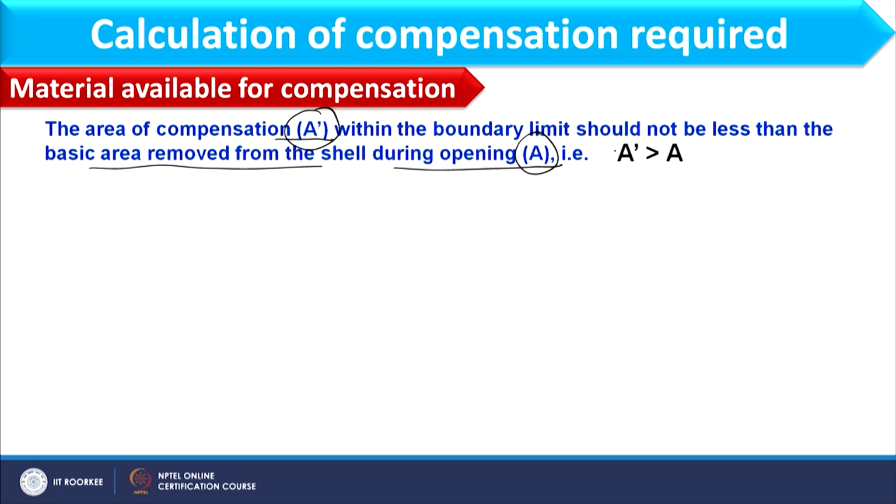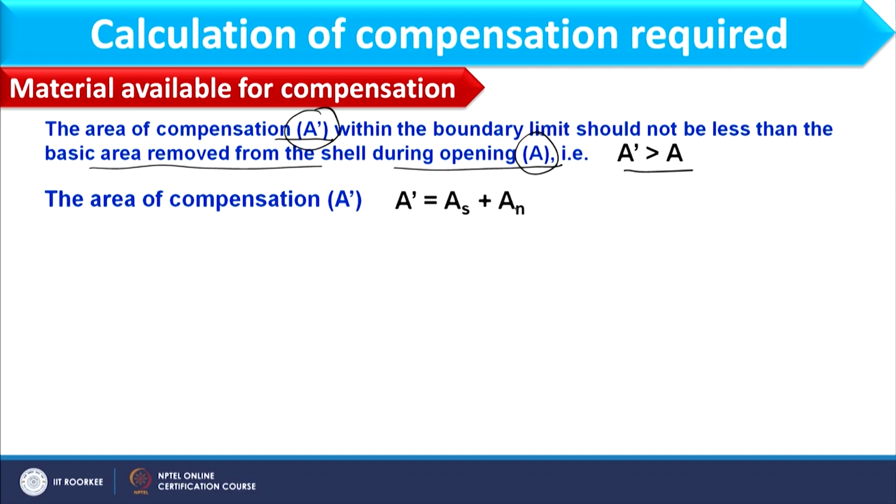So, in no case should A dash be less than A. The preferable condition would be when A dash is greater than A. Whatever area of material is available to us for compensation should be greater than whatever area I need to compensate.